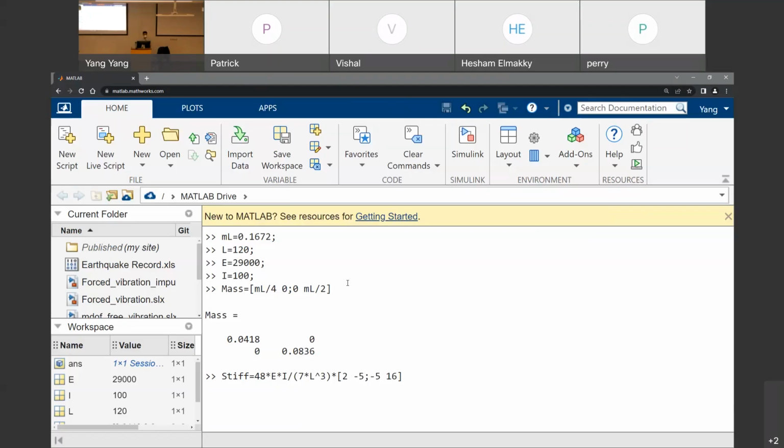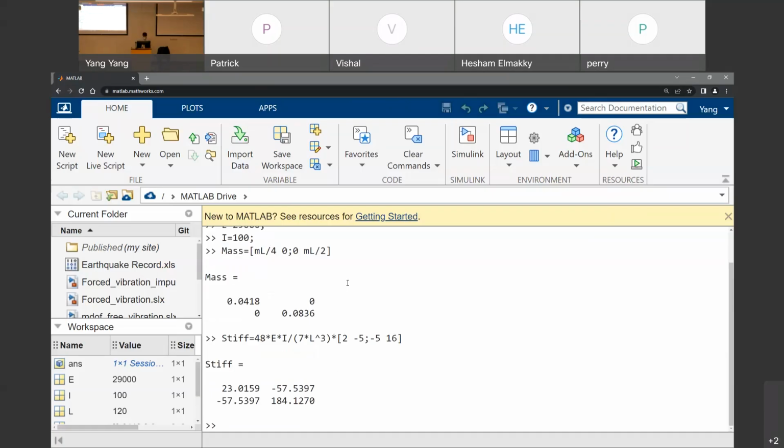That's based on what we are given. Just click. So that is the stiffness matrix. So that's the numbers for the stiffness matrix.